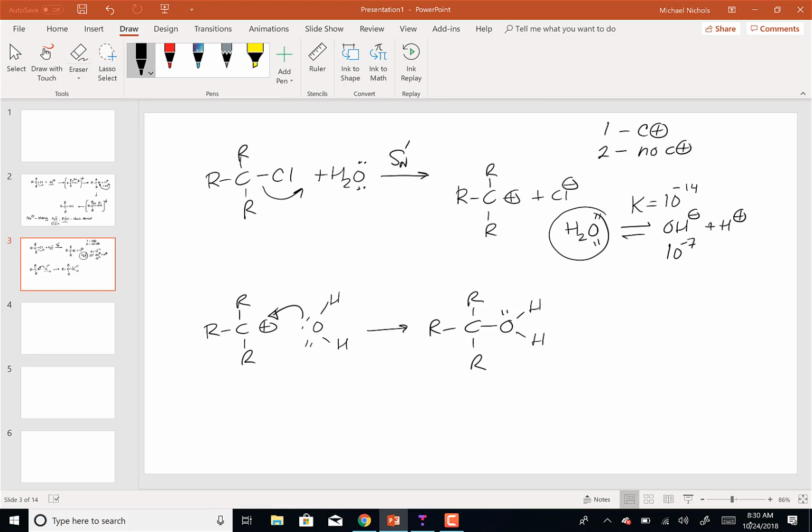I'll accept charge, but not partial charge. It's missing what kind of charge? Go through and put the formal charges on each atom. Right, how many electrons they came with, how many they now own.